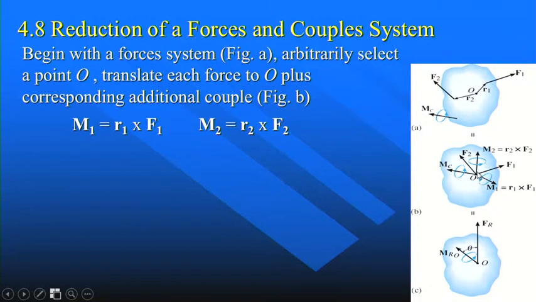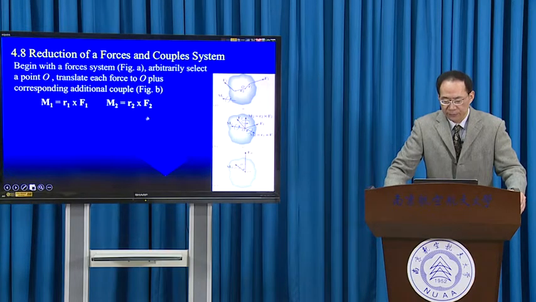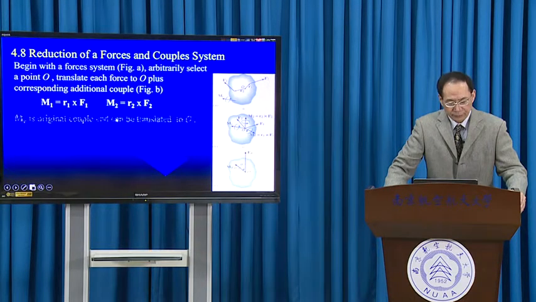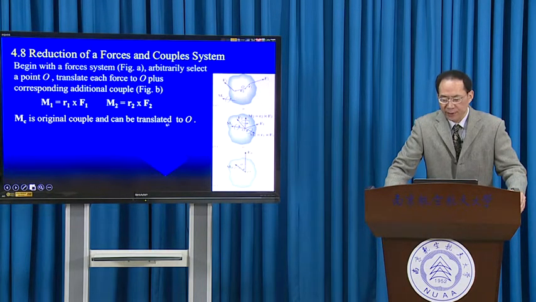The additional couples are given by the vectors M1 equals r1 cross F1, M2 equals r2 cross F2. Those are two vectors representing the additional couples. Here, MC in the figure is an original couple, which can be translated to O freely, because couple moment is a free vector.